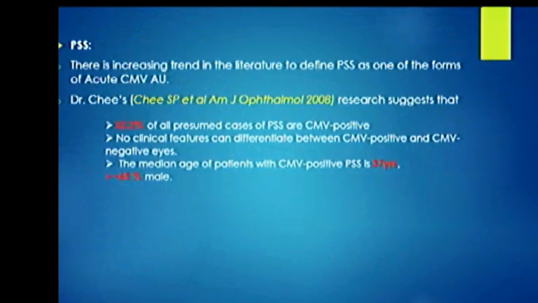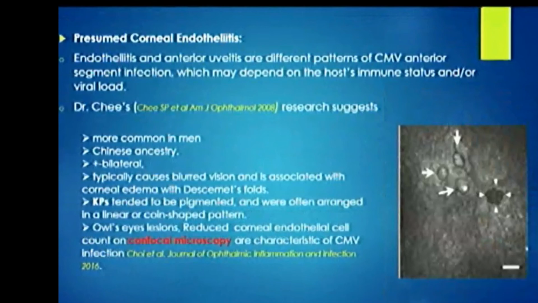The KPs tend to be pigmented, and often arranged in a linear or cone-shaped pattern. More specific is the owl's eye lesion. What is the owl's eye lesion? It's intranuclear inclusion bodies with macrophages accumulating in the endothelial cells secondary to the active cytomegalovirus infection.